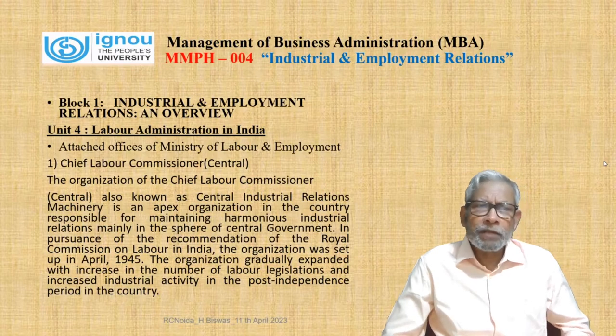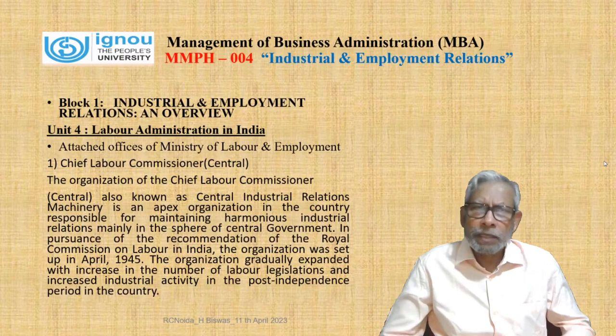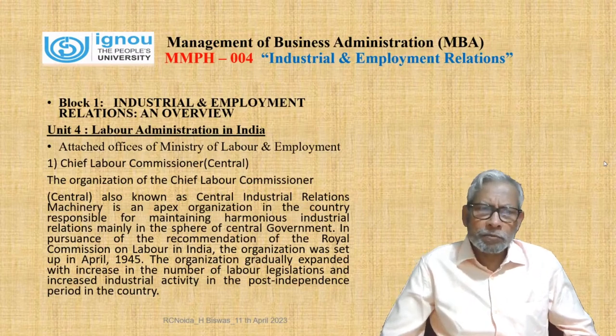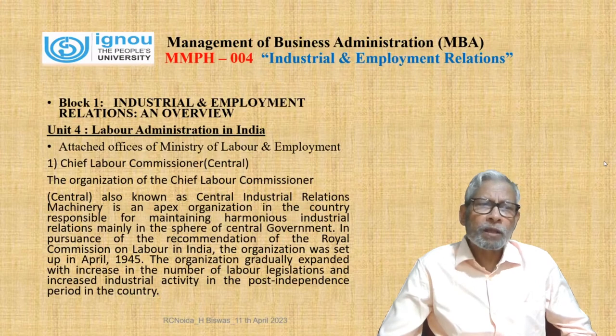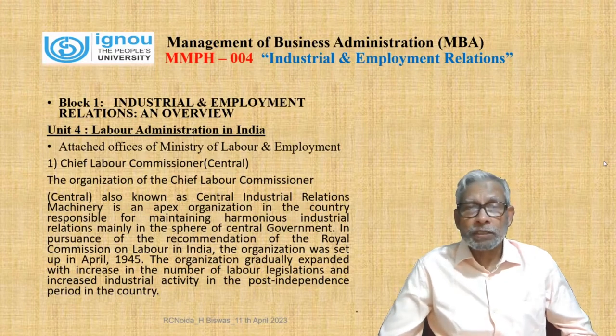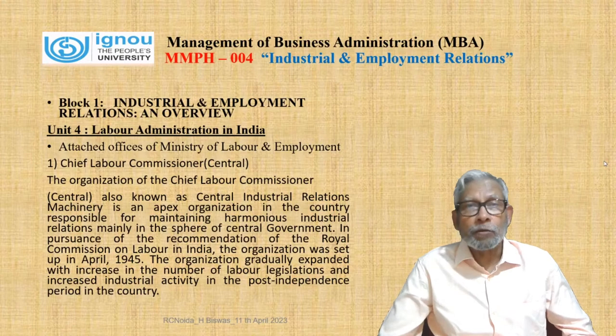So number one, the Chief Labor Commissioner, the central Chief Labor Commissioner. He has some responsibilities. The organization of the Chief Labor Commissioner, also known as the Central Industrial Relations Machinery, is an apex organization in the country responsible for maintaining harmonious industrial relations, mainly in the sphere of the central government.